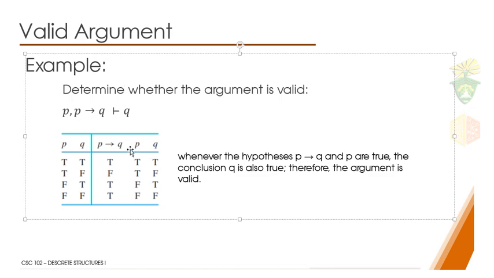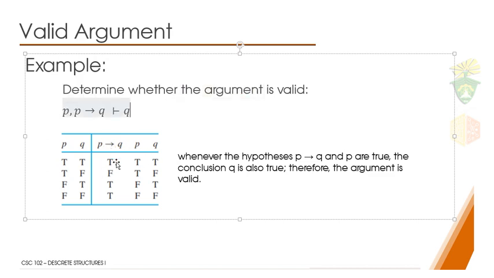What we will do is basically put our conclusion in the last column, always the last one. The other two, P and if P then Q, can actually be interchanged. You can put P first and then if P then Q. They can be swapped, as long as our conclusion is at the last column of our truth table. Okay?